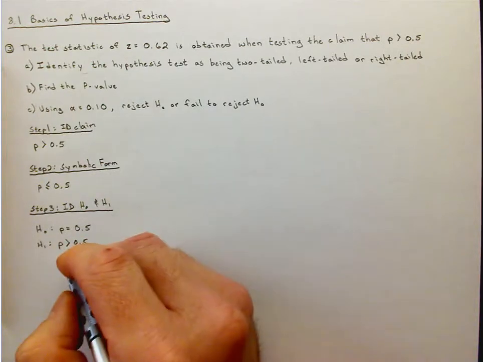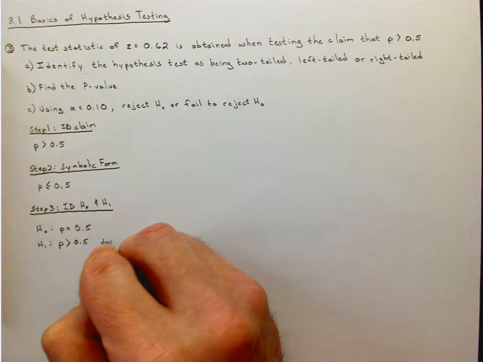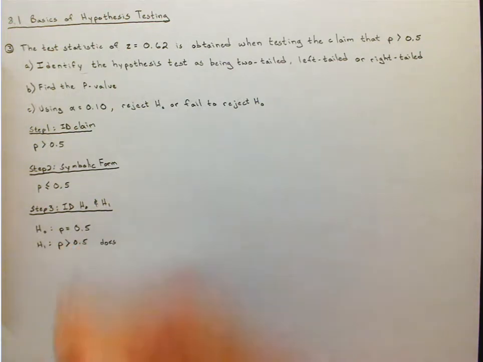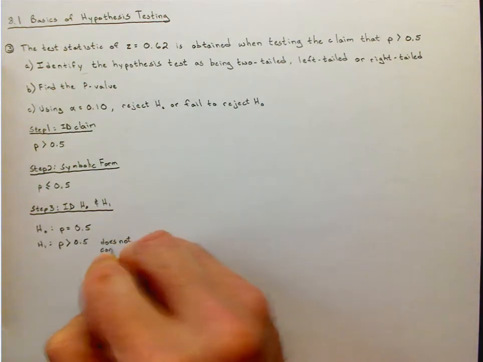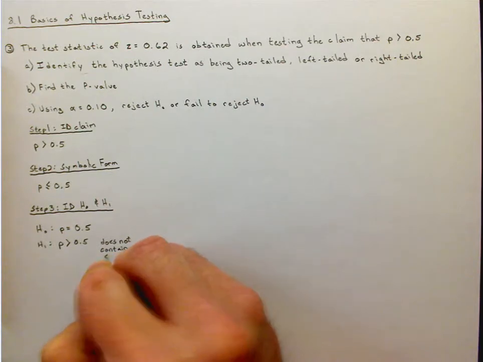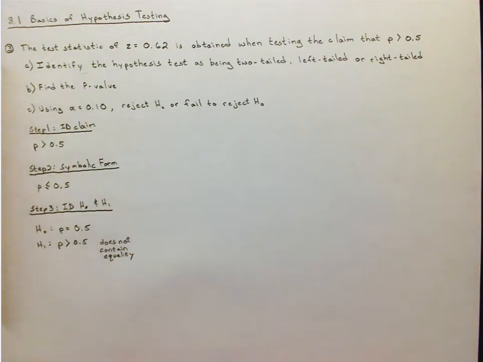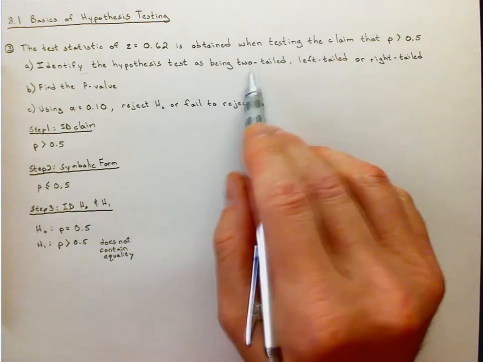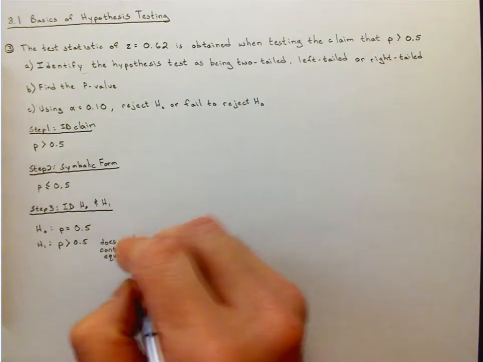My null hypothesis does contain equality. I'll even write that down. Anytime you have a symbol there, it's either greater than, less than, or not equal. So it does not contain equality, and it determines what test I'm going to do. Two-tailed, left-tailed, right-tailed. My inequality is pointing to the right, so it is a right-tailed test.